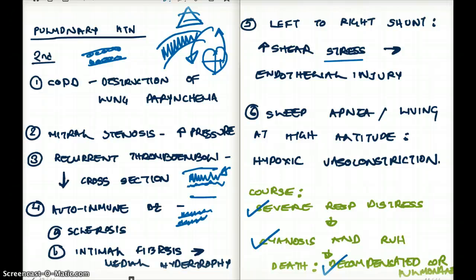The question is, this patient is at increased risk of developing which of the following? You'd have to pick pulmonary hypertension. It's because during sleep apnea, which this patient was obviously suffering from, there is going to be hypoxic vasoconstriction, which can eventually lead to pulmonary hypertension.